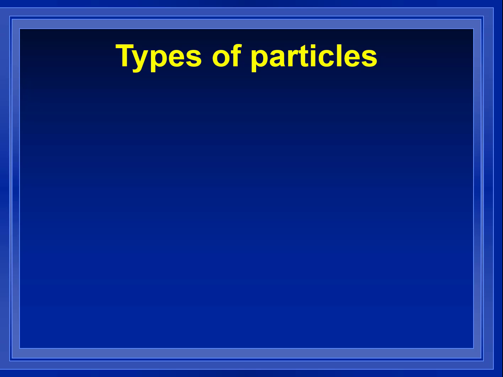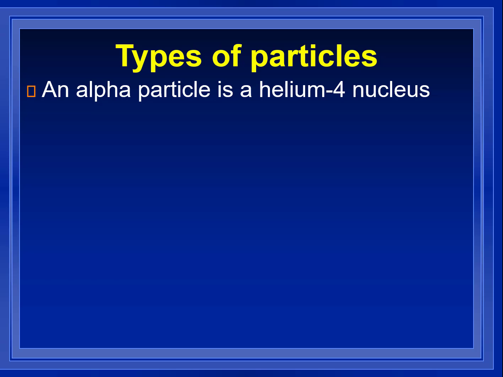Okay, there are 3 kinds of particles we need to talk about, and one of them we've already talked about. Spent a whole bunch of time in the first half of this chapter talking about alpha particles. And an alpha particle is a helium-4 nucleus.